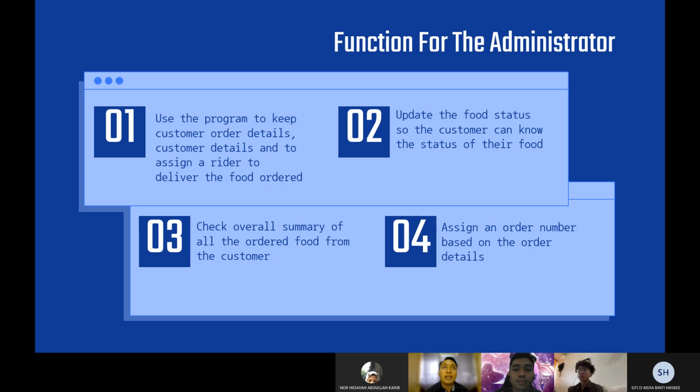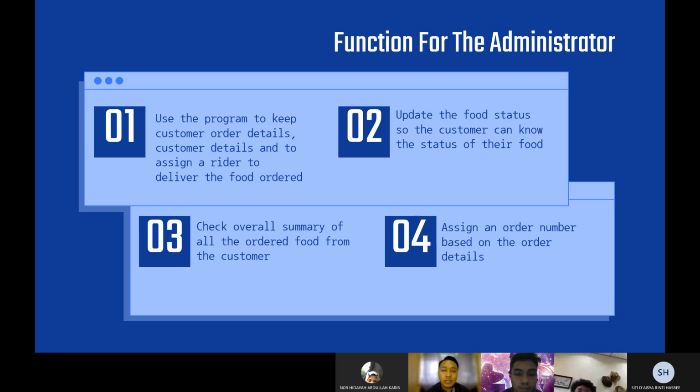For example, if in one day there are 30 customers that ordered food, there will be 30 summaries of ordered food stored. This is to check the total amount of food ordered and to help the restaurant owner know how much they have earned from using our program.